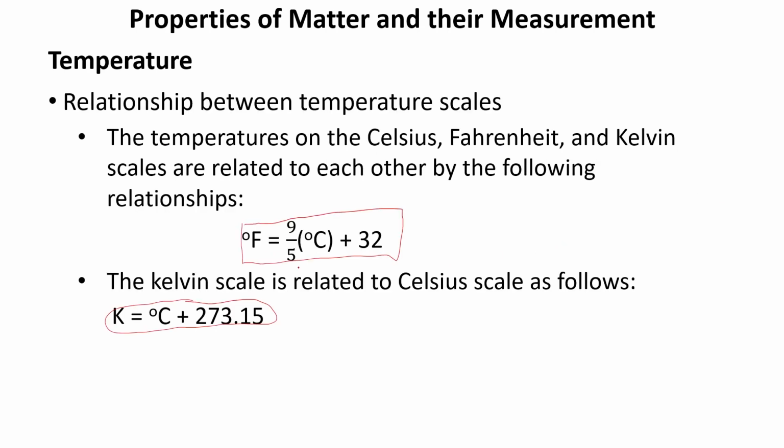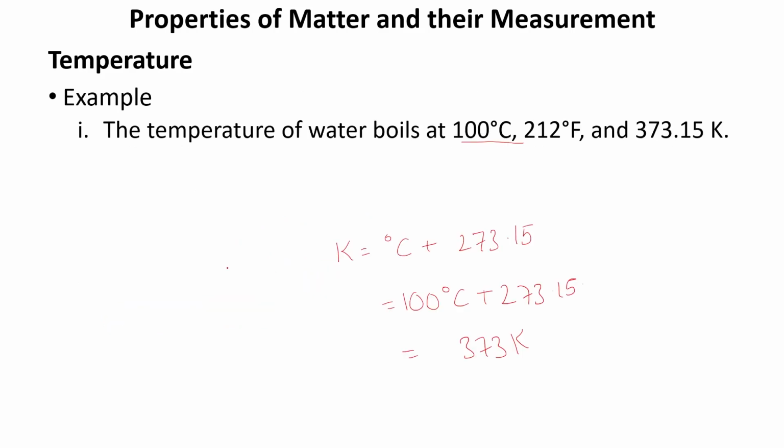Now you want to convert degree Celsius to Fahrenheit. How will you convert it? We know the relation that degree Fahrenheit equals 9 by 5 times degree Celsius plus 32. So we can write 9 by 5 into 100 degrees Celsius plus 32.